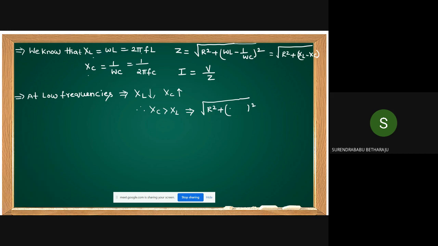If the negative term is greater, then what about this value? It reduces. What does this indicate? That Z reduces at low frequencies. If Z reduces, what about the current? It increases.